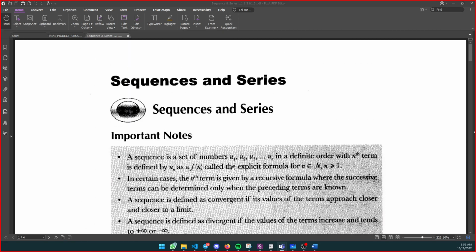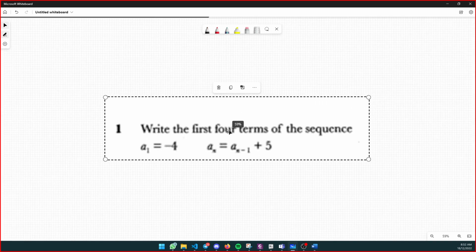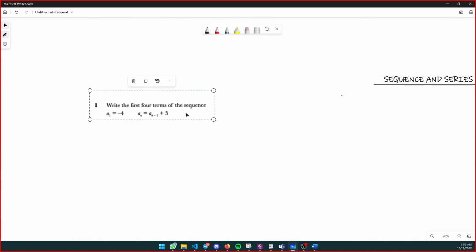Now, let's go to application. I'll go through some questions. Let's try to do the first question here. Write the first four terms of the sequence, where a1 equals -4.